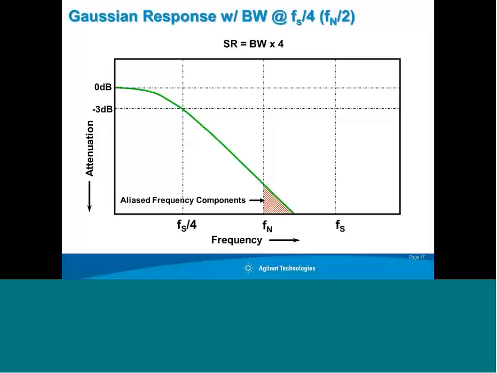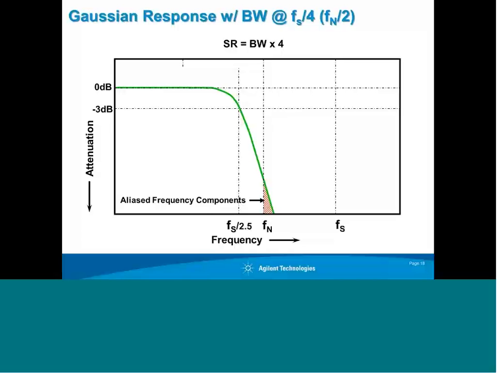Now most scopes from all vendors today, it's not just Agilent, but other oscilloscope vendors, will limit the bandwidth of the scope to typically, if it's got a Gaussian frequency response, 1/4 or 1/5. In other words, the sample rate equals the bandwidth times 4. And if you do that, now the possible frequency components that can still be sampled above the Nyquist frequency are significantly minimized.